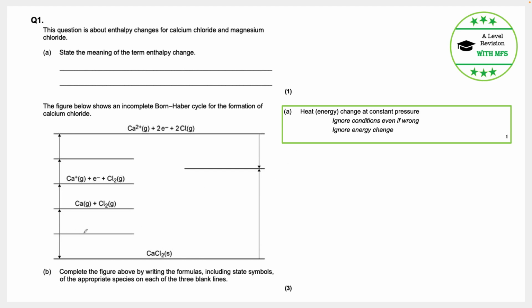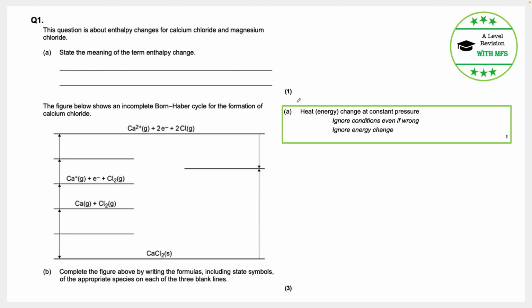And we have to fill in the gaps which are on this Born-Haber cycle, and we have to write down the formulas and include the state symbols. Now, with Born-Haber cycles, there's just a simple process that you have to go around. This cycle, it's one of those Hess cycle types that you saw back at AS level. This is just like the A-level version of it.